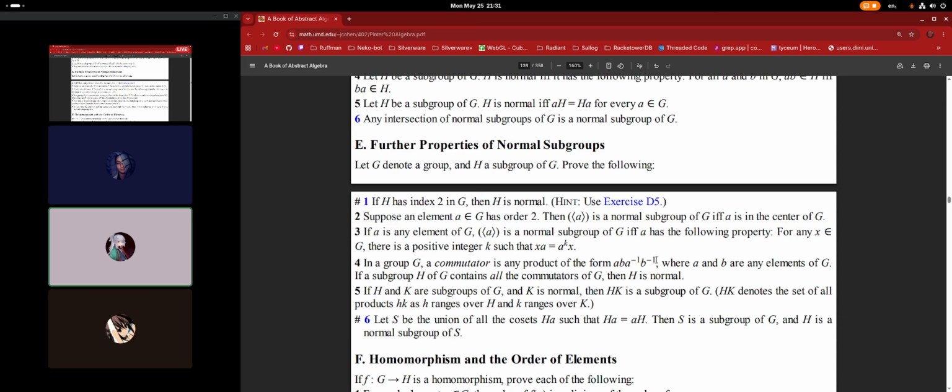It will have the same shape. Wow, that is true. So if you sandwich with a C from G, you get another commutator. Because every element of H is a commutator, the output of the conjugate is also in H by definition. Yeah, very true.